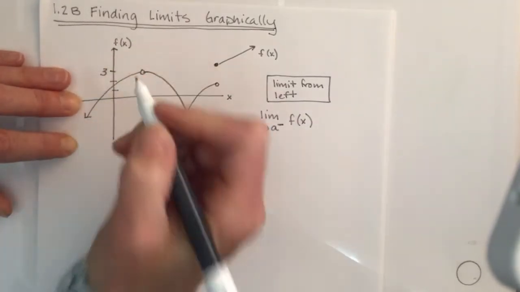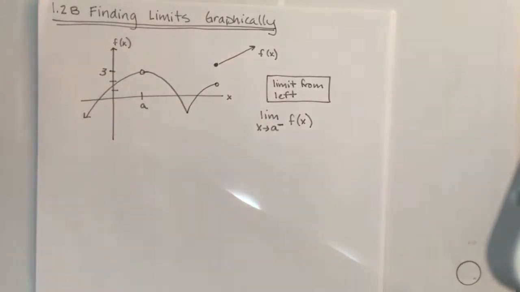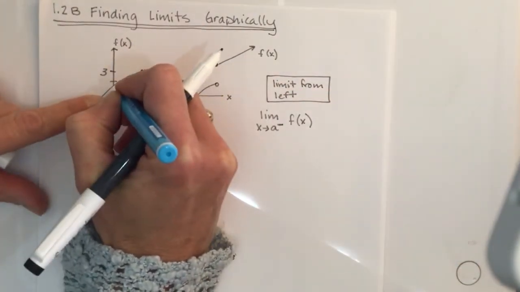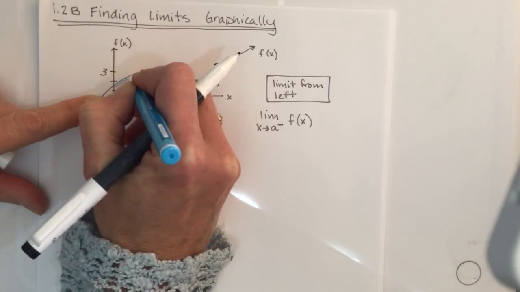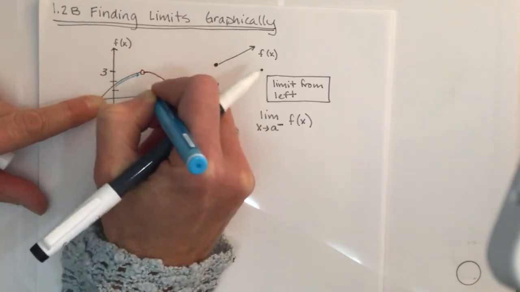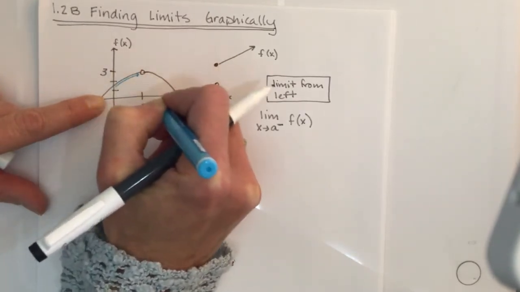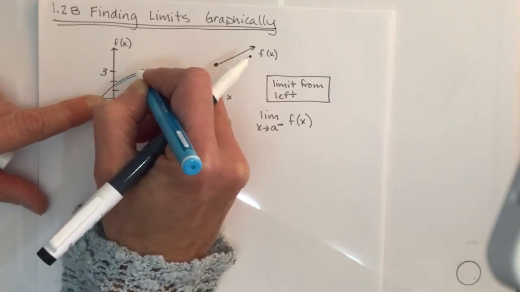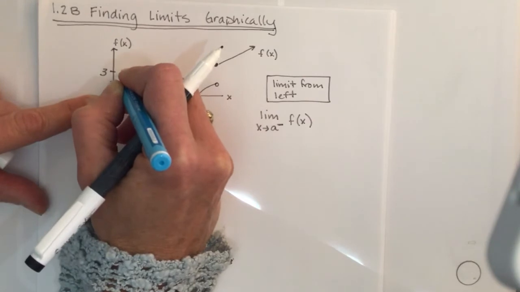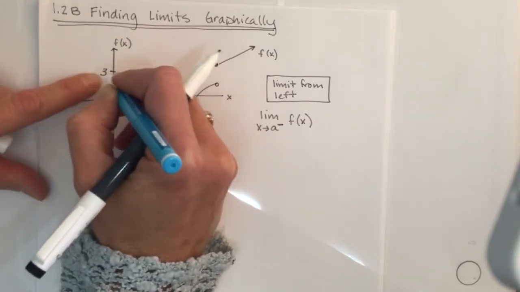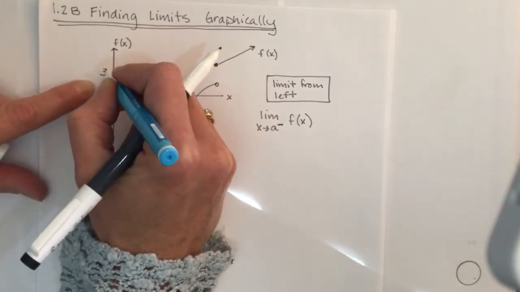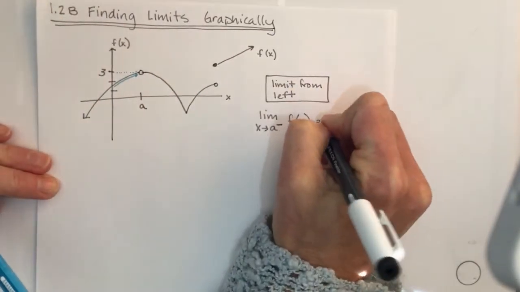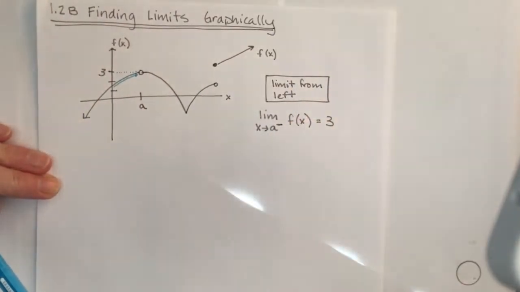As we trace our function and get closer and closer to A in the x direction, what value are we approaching in the y direction? Sure enough, we're getting closer and closer to 3. So I'm going to say that equals 3.